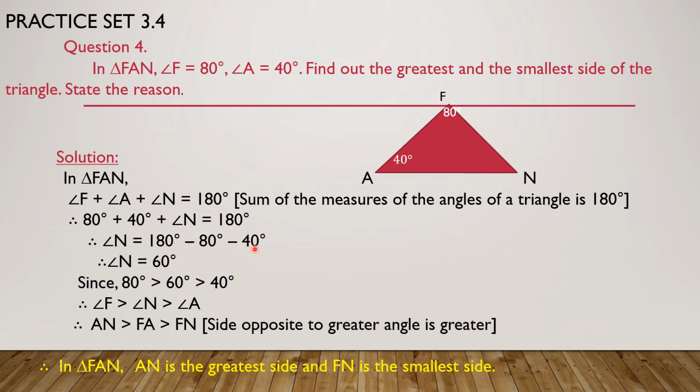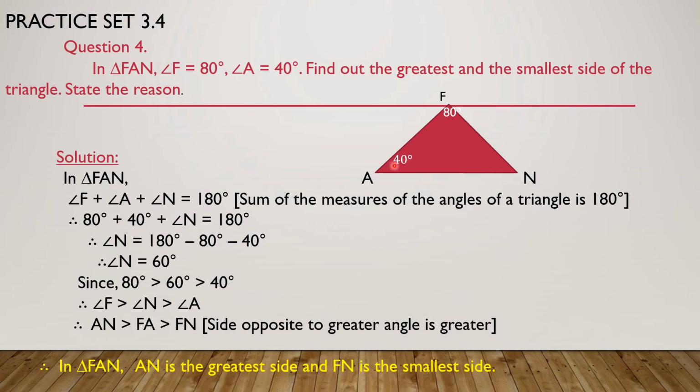That is, angle N is equal to 60 degrees. Therefore, the three angles are 80 degrees, 40 degrees and 60 degrees. And compare the angle measurements, that is, 80 degrees is greater than 60 degrees, which is greater than 40 degrees. Therefore, 80 degrees means angle F. Therefore, angle F is greater than angle N, which is greater than angle A.